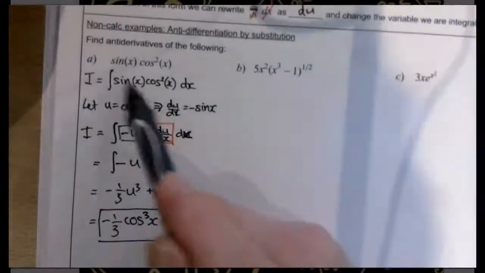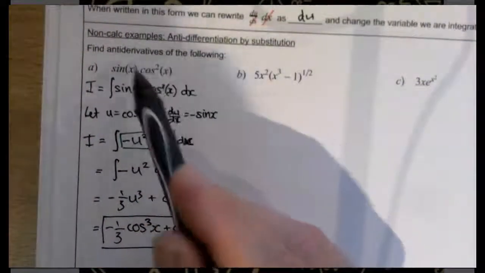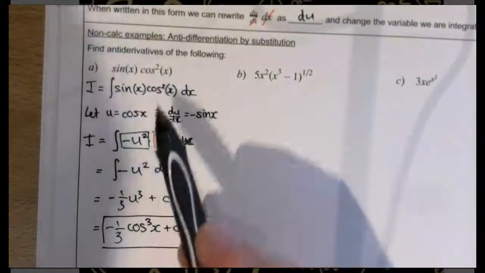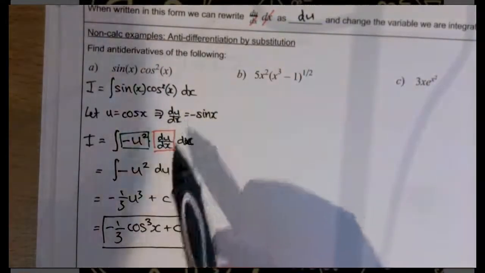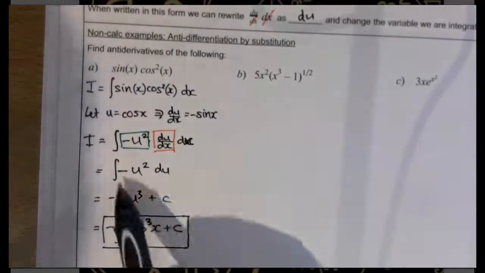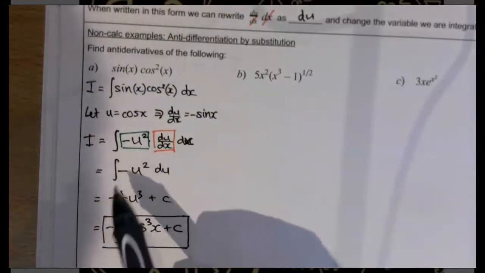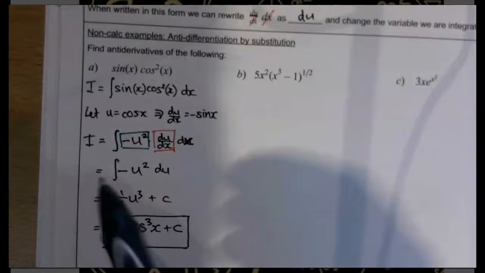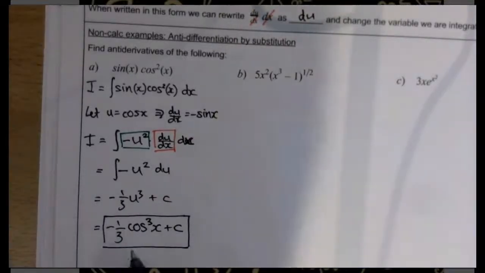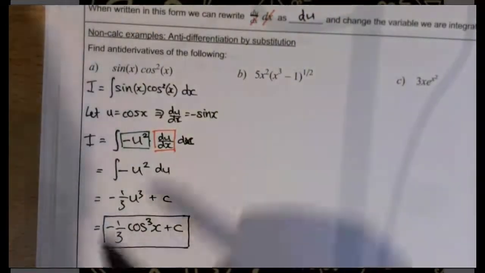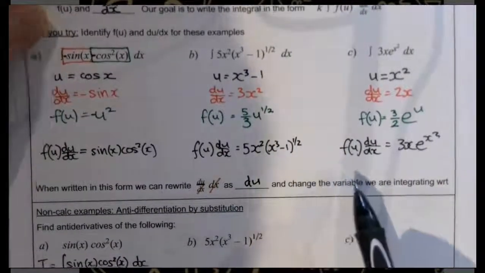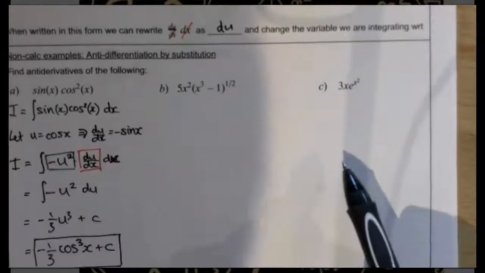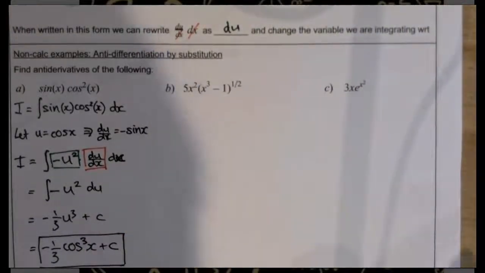We took something that was complicated and in terms of x, and we found a clever substitution that changes the variable of integration to make it an easy integration in terms of u. We did that easy integration, and then we substituted back in for x afterwards. I'd like you to use that same layout, that same idea, and the work we did up here to try these two questions. Pause the video, have a go, and then I'll go through them quickly.